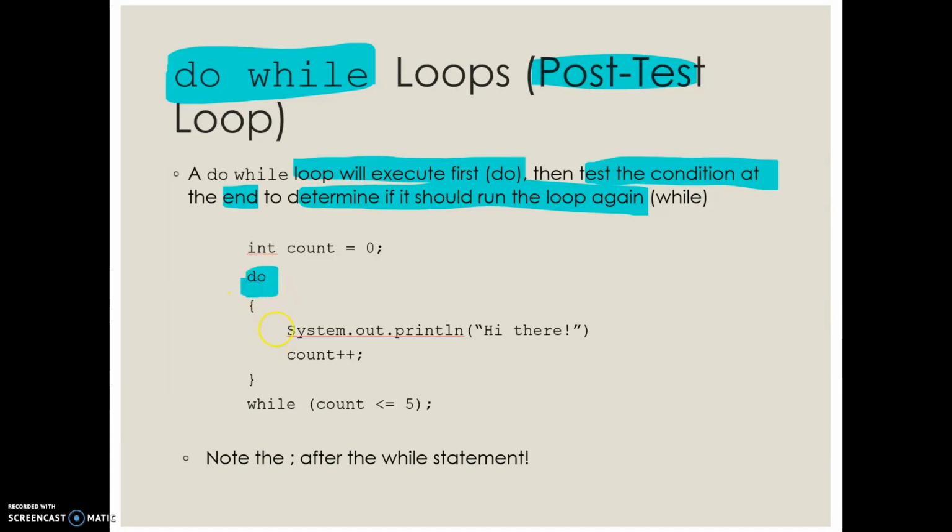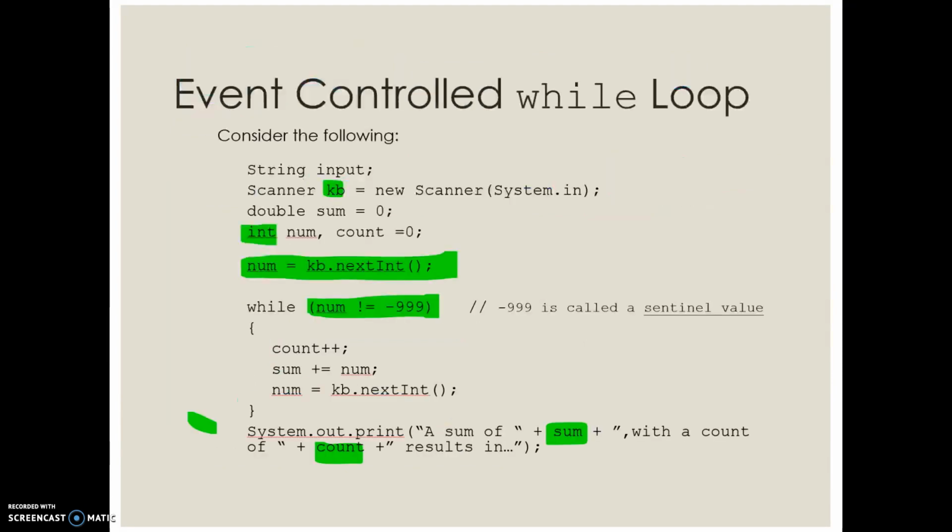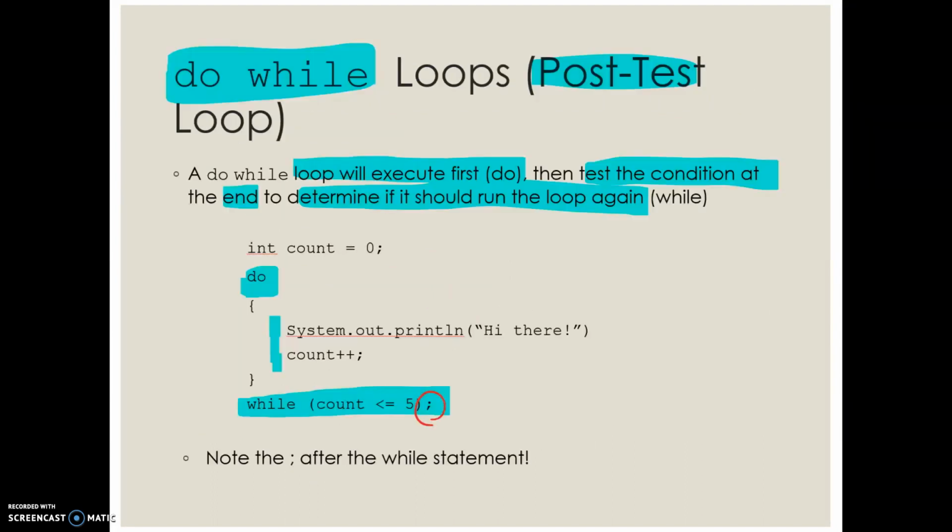We say do, and we do whatever is in the curly braces, and then while this is still true. And notice that at the end of the while statement, there is a semicolon. This is different than the previous syntax, because the while loop does not have any punctuation here. That's only for the do-while loop.